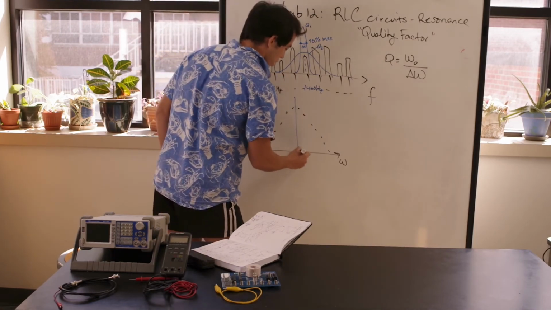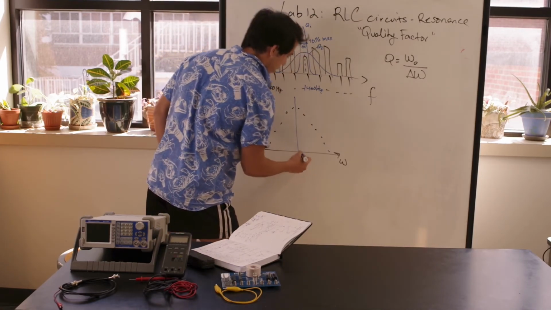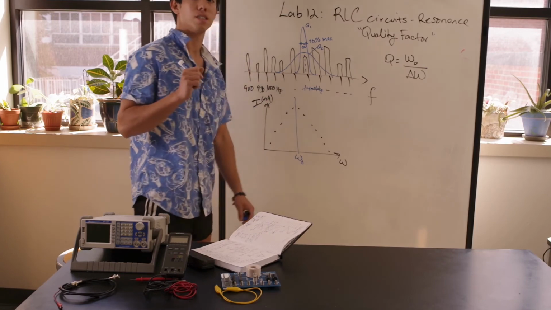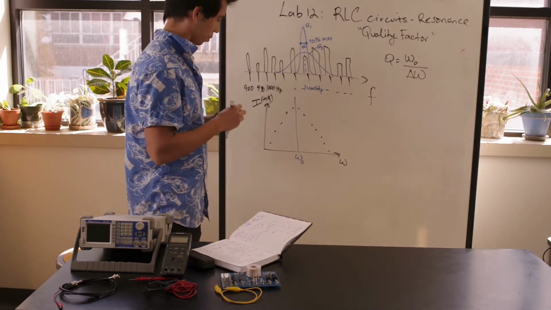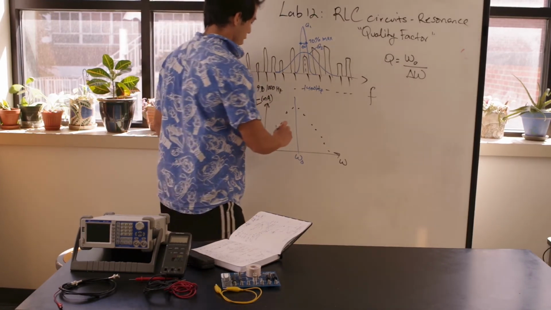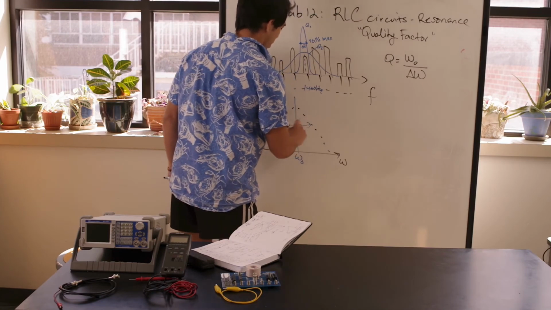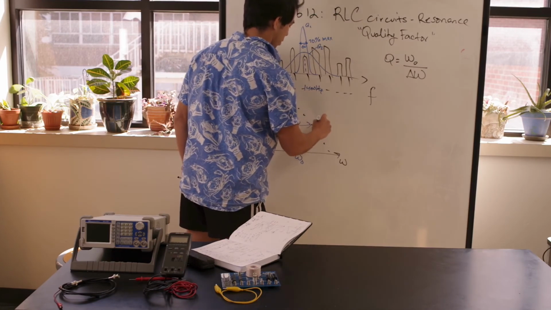And then the resonant frequency can be obtained from the peak intensity of the current. Similarly, the bandwidth can be measured by measuring the width at 70% of max current.